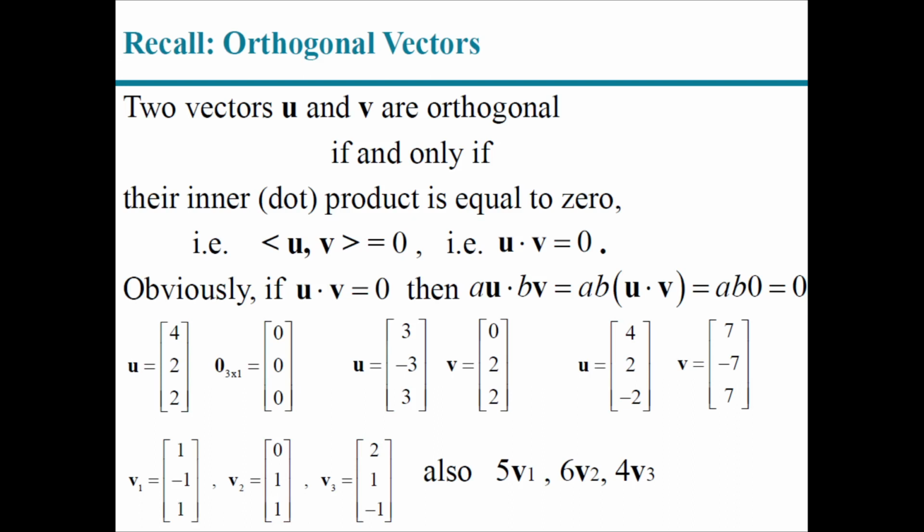So the vectors v1, v2, v3 are also orthogonal vectors. Obviously, any scalar multiple of orthogonal vectors will give you orthogonal vectors. So 5 times v1 dot 6 times v2 will be 0 also, because v1 dot v2 is 0. You can just quickly compute dot products and see that they are 0. And this is again a property that can be useful later on. Any scalar multiple of orthogonal vectors is still orthogonal.